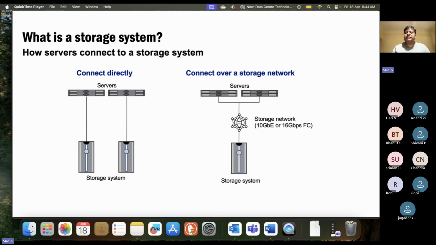What is this Cat? Cat is nothing but category. Category 5, category 6, category 7. These are the different categories of cables. Now these categories define how long the cable can be, and how much data traffic that cable can actually handle.